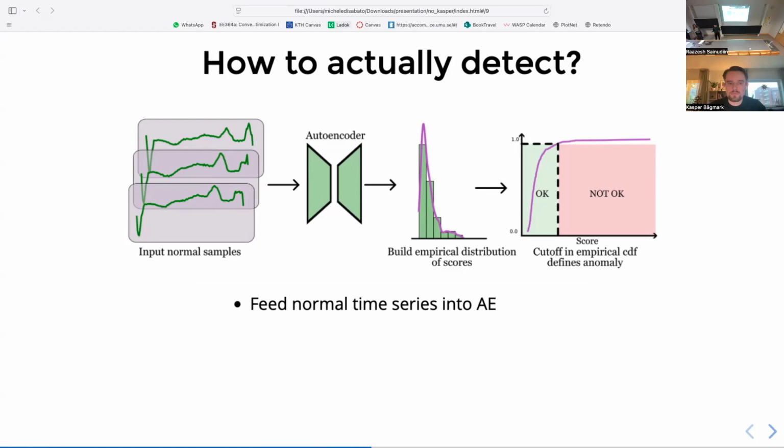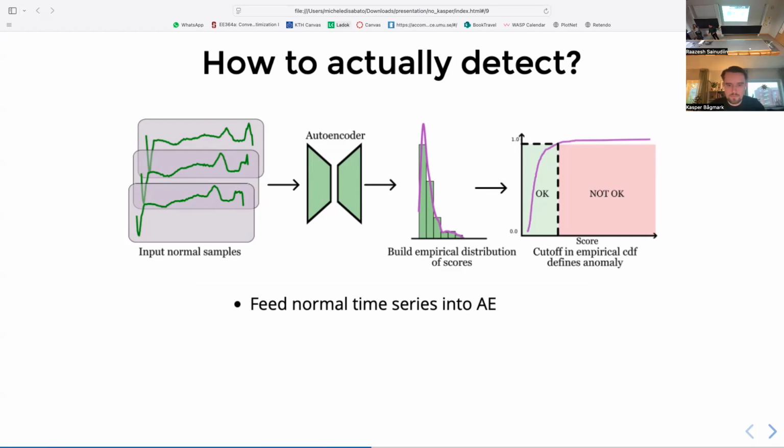So once the autoencoder is trained on normal healthy patients, you can apply the autoencoder on the same dataset that is used in the training step, which is composed of normal healthy ECGs, and compute a collection of reconstruction losses, which is the way in which we compare the input of the autoencoder with the final output of the autoencoder.